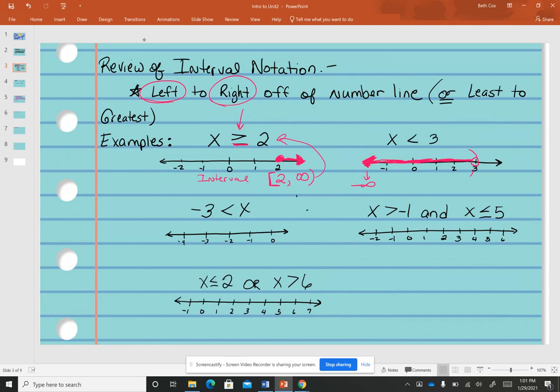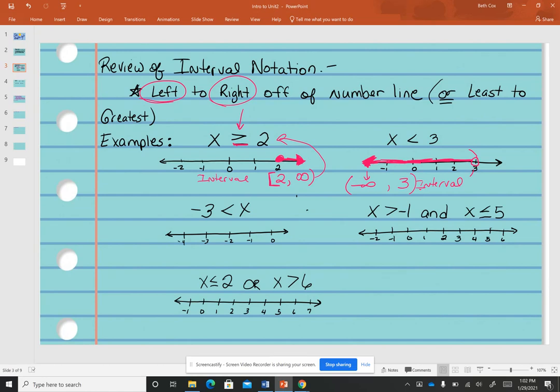And on the right, I have a 3. There is already a parentheses on the 3 because I'm not equaling 3, and I can never equal infinity. So that's the interval notation for that. Interval notation is read from negative infinity to 3. That's how you read that, because you read left to right.